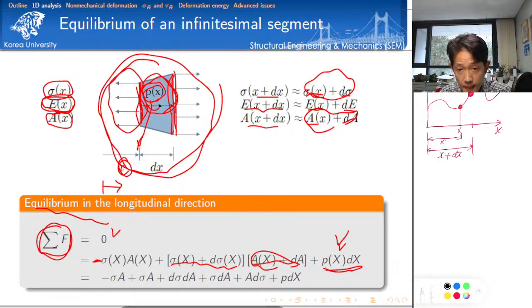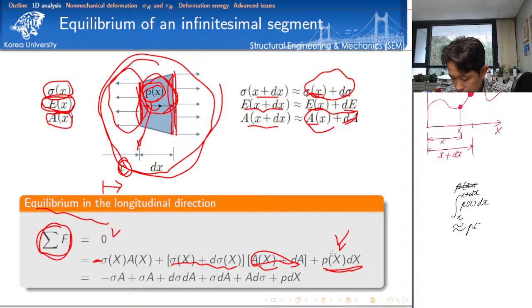For example, we also need to consider px and then dx, okay? Px is a function of x coordinate, and we need to integrate from x to x plus dx. And this is approximated as px times dx. That's why we have this equation.